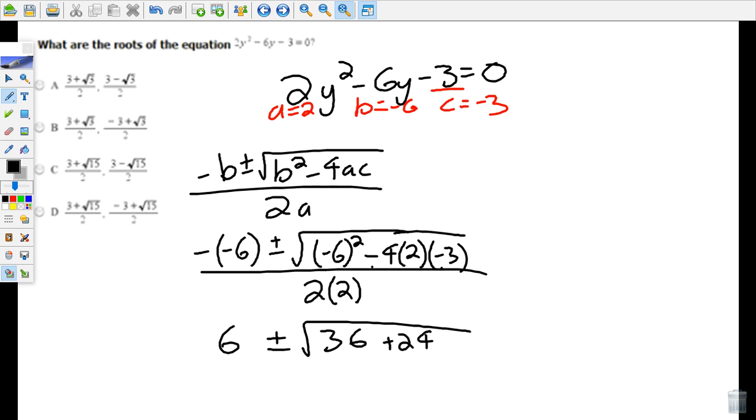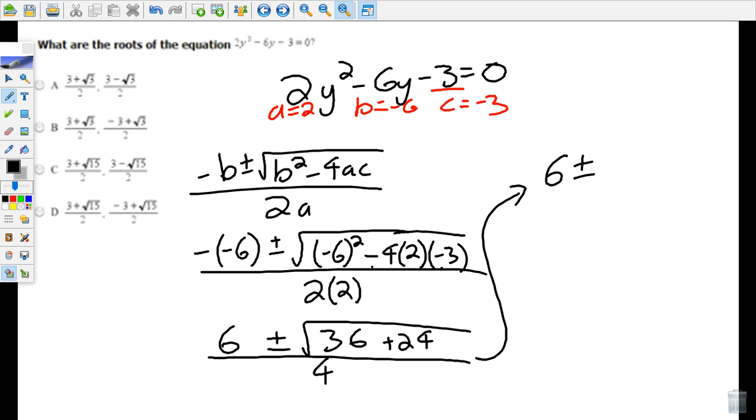Alright, so then we have all divided by 2 times 2, which is 4. So again, if I just go ahead and clean it up, the 36 plus 24 is 50? No, 60, right? Yeah, 60. Alright, so we're going to have 6 plus or minus the square root of 60 over 4.